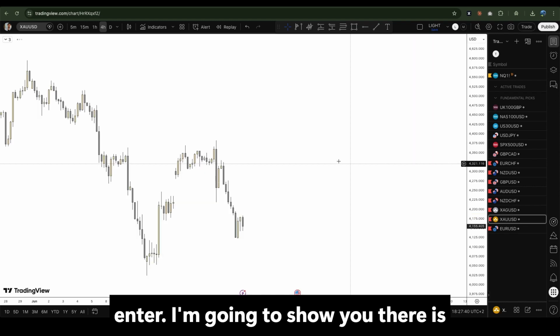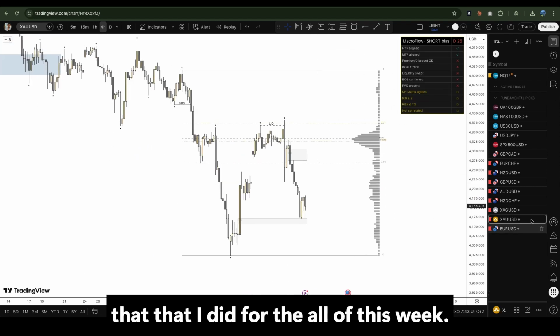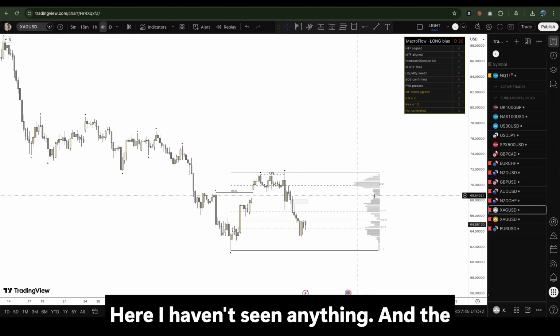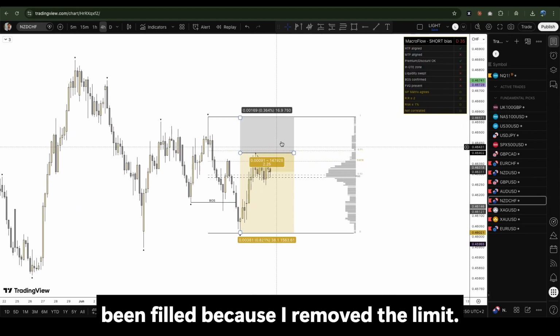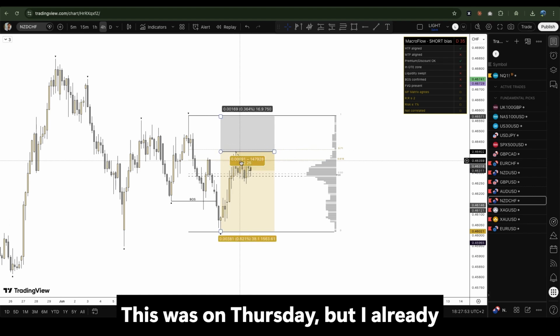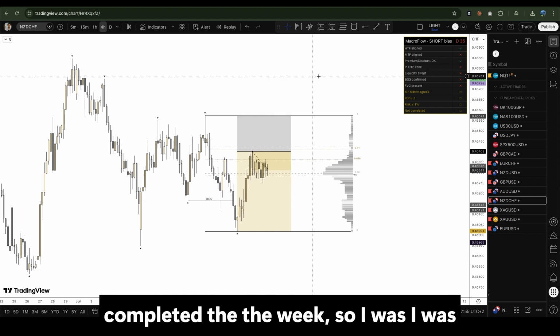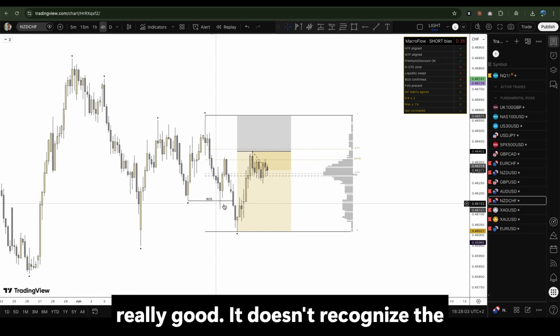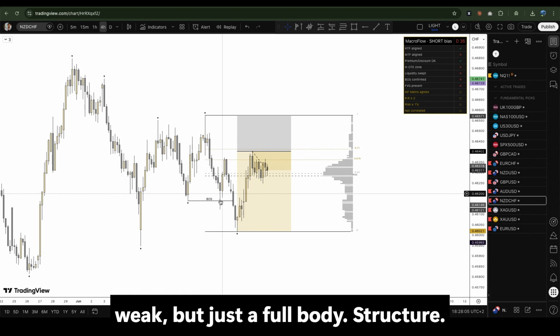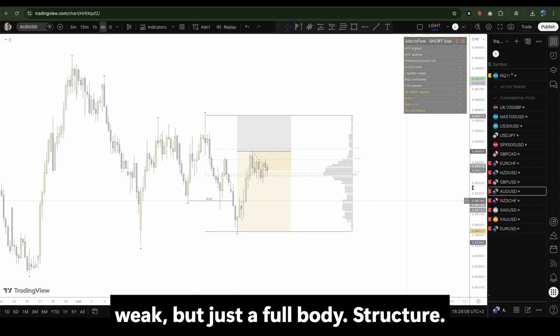I'm going to show you the analysis that I did for all of this week. Here I haven't seen anything, and the DHF. This was last week. I haven't been filled because I moved the limit. This was on Thursday, but I already completed the week, so I was good with it. As you can see, the indicator draws the breakout structure really good. It doesn't recognize the wick, but just a full body as a breakout structure.